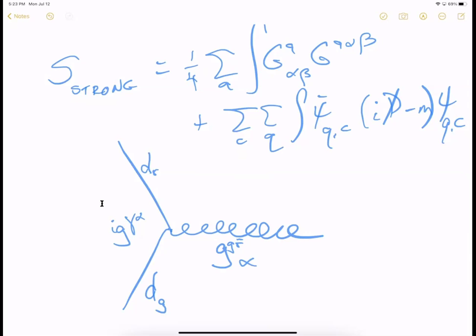Now, this is not the only thing that happens with the strong interaction. Before I say what else happens, let's look at the simplest term. So what I'm writing here is, we've got say a red quark coming out.